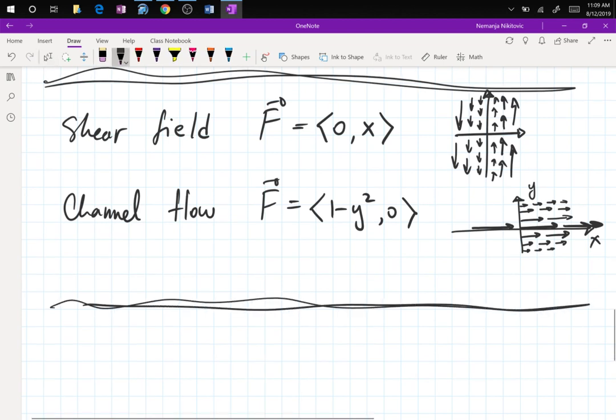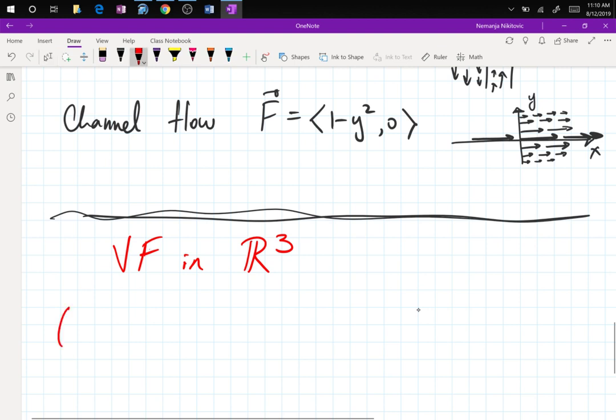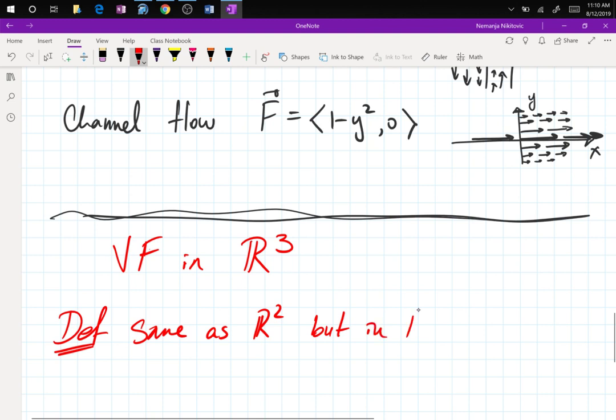So practicing a little bit about these vector fields, you would do well. And now, vector fields in R3. It's the same. I'll just put over here the definition. Same as R2, but in R3 notation.